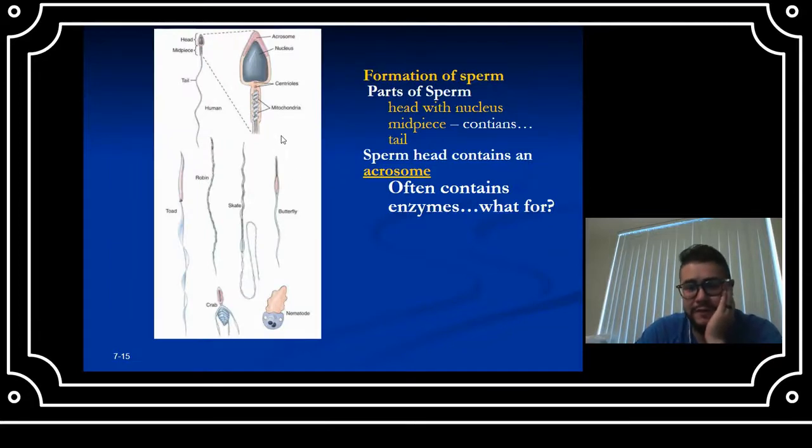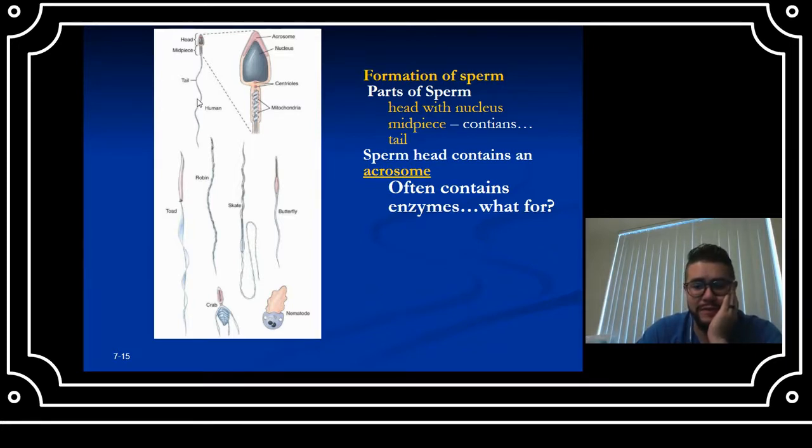And so the parts of a sperm that they develop, there's the head, which on the top of it contains the acrosome, but also inside of it is the nucleus, where basically all the DNA is stored that's going to pass on. Then there's the midpiece. Inside the midpiece, there are mitochondria, which propel the tail.